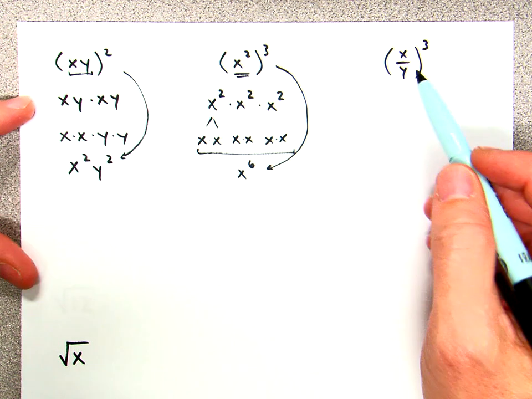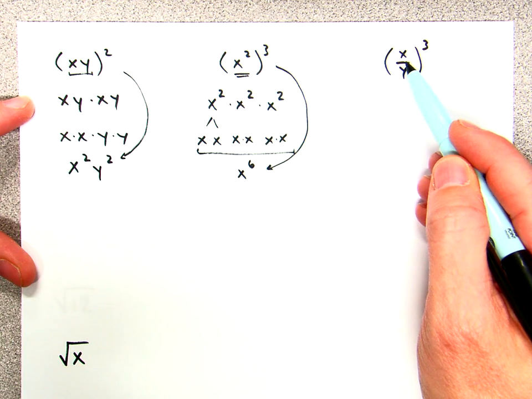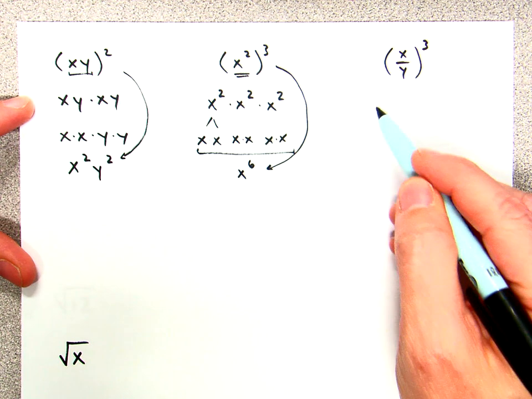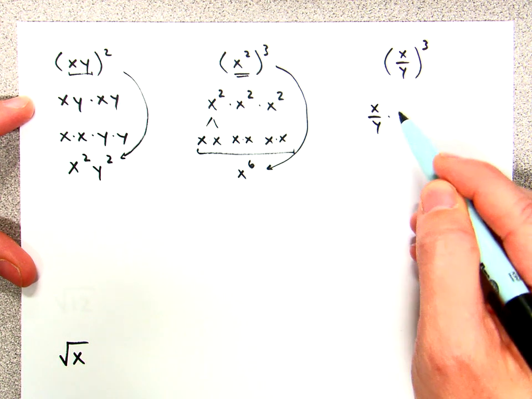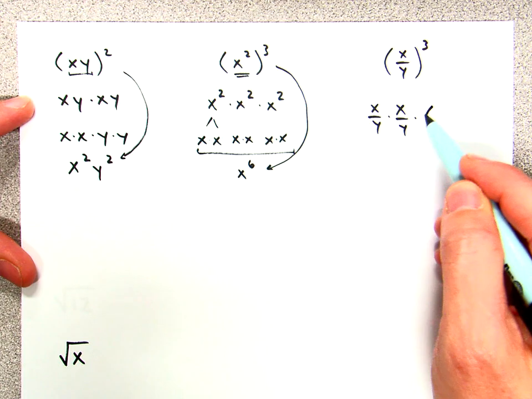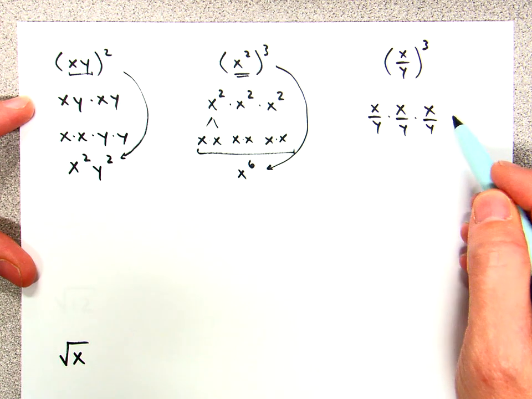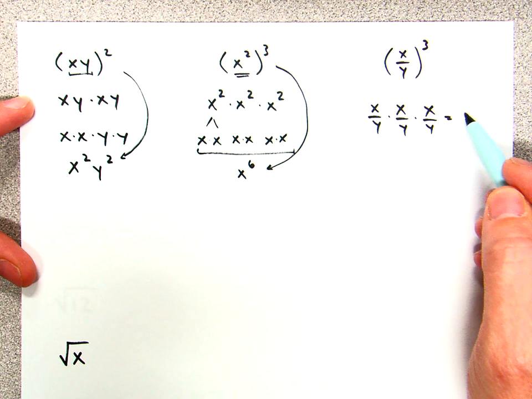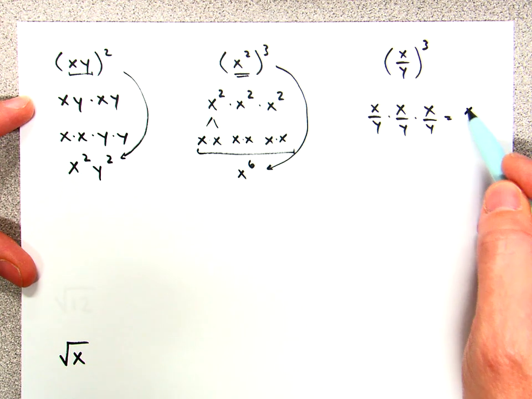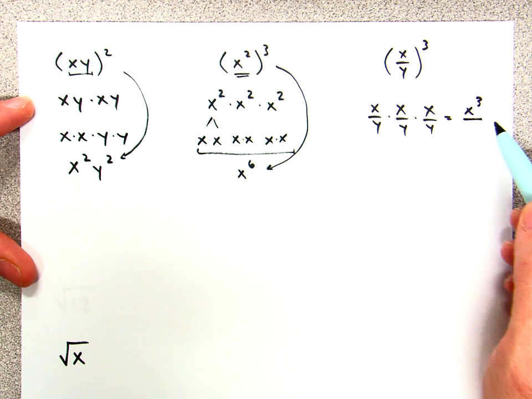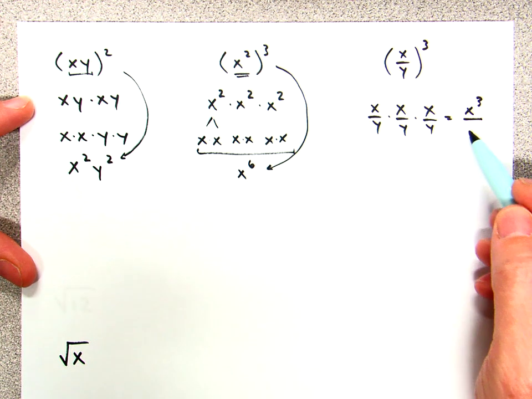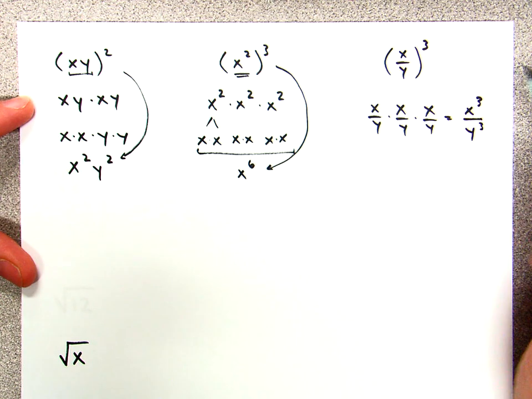Right? And if we have a fraction raised to an exponent, same idea, it's still the fraction times itself 3 times, which means we multiply fractions straight across. So on the top, we're going to have 3 x's multiplied together, which is just x to the third, 3 y's being multiplied together, which is y to the third.